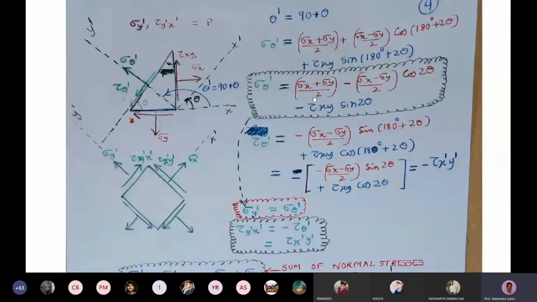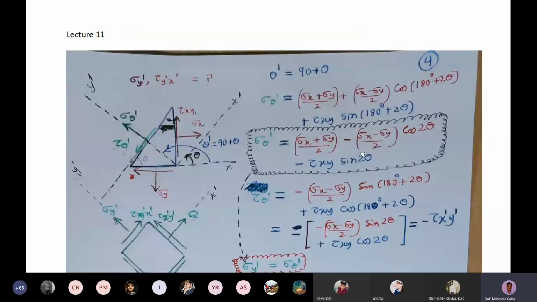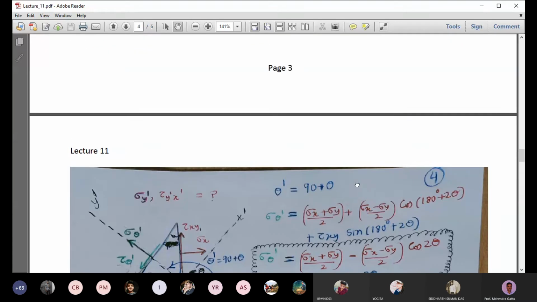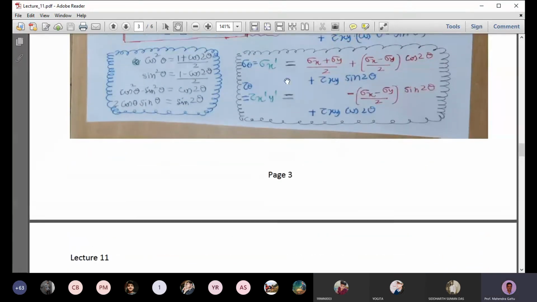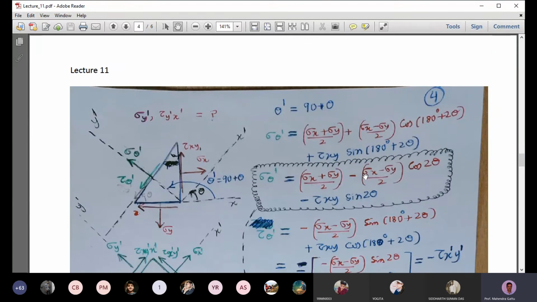So if you look at sigma y prime, the only difference is that this term and this term become negative. Here sigma x prime has the plus term: plus (sigma x minus sigma y)/2 cos 2 theta plus tau xy sin 2 theta, and here we have minus (sigma x minus sigma y)/2 cos 2 theta minus tau xy sin 2 theta.